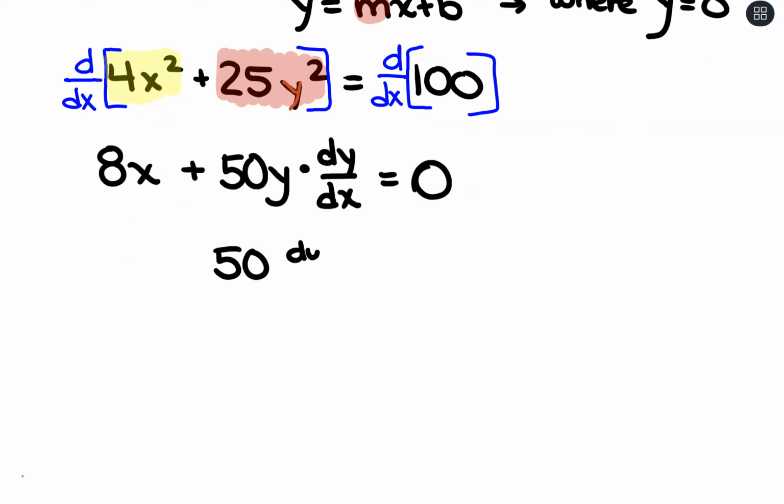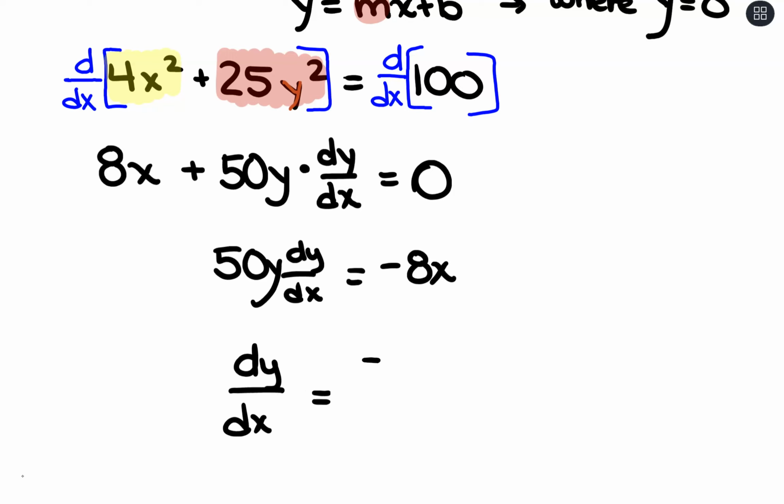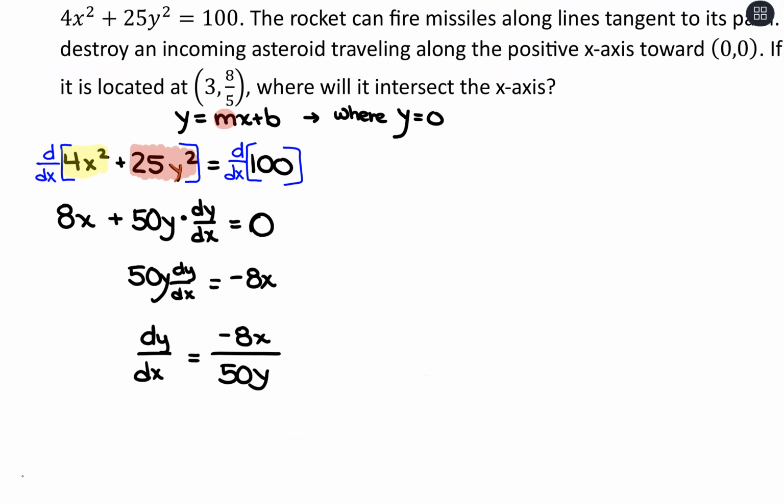So subtract from both sides and divide. We're getting negative 8x over 50 times y. All right, so there's our equation for the slope.